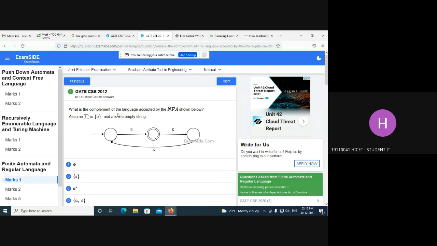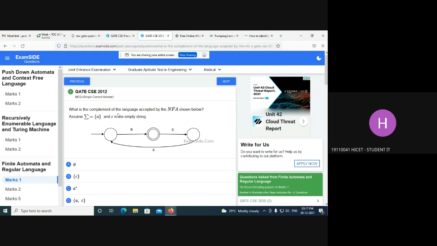What is its complement? 1, 0, 1. Complement means you change each binary digit of the string. Is it clear? Yes sir. So what will be the complement? What is the opposite of this? Here, if you give A, it goes to the accepting state. Is it clear? Yes sir.